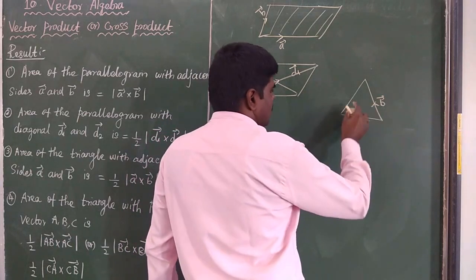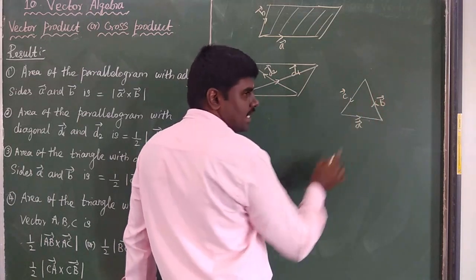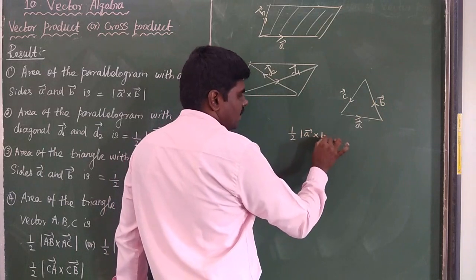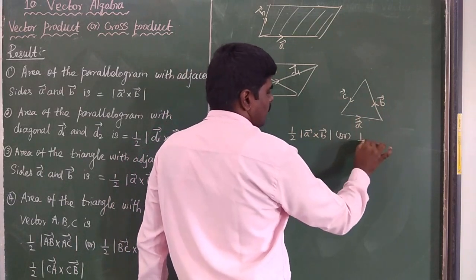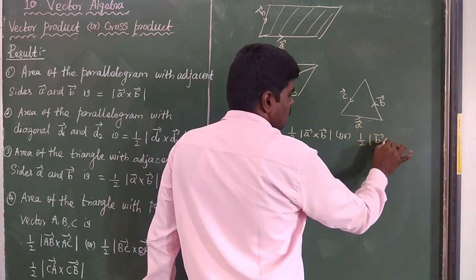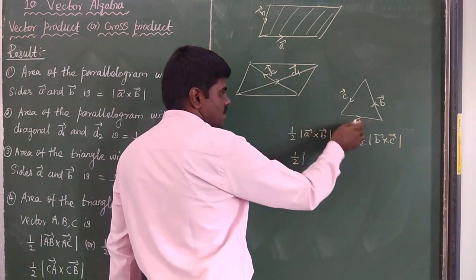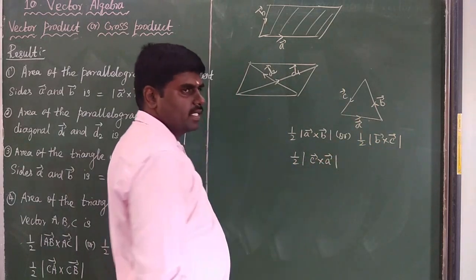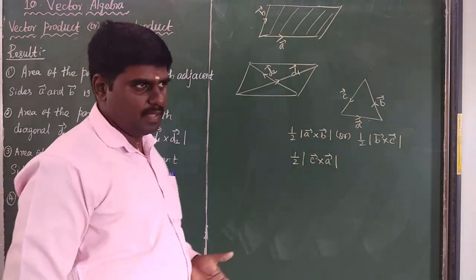Here A vector, B vector, and C vector. Suppose I take A and B vectors, it is half the magnitude of A vector cross B vector. Or if I choose B vector and C vector, it is half the magnitude of B vector cross C vector. Next, half the magnitude of C vector cross A vector. Any two adjacent sides are given. How to find the area of the triangle? Half into the magnitude of A vector cross B vector.